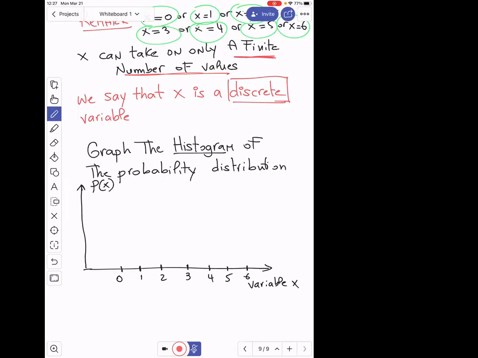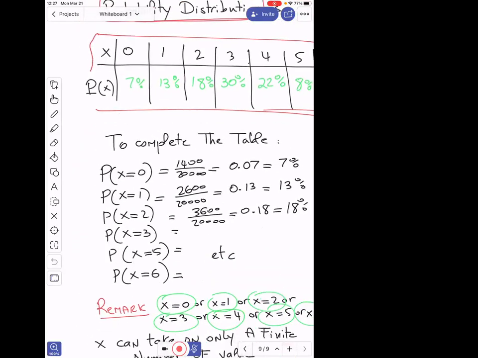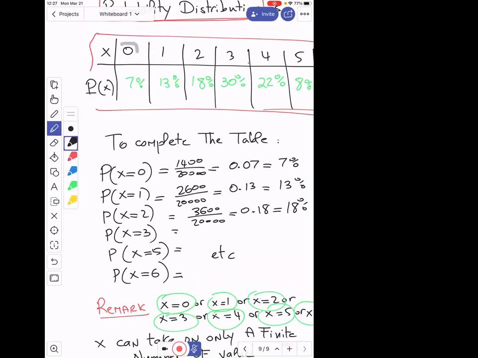Again, on the horizontal axis you have the values of x, and on the vertical axis you're going to plot the probability of x, capital P of x. For example, if x is 0, the probability of x is 7%, right?